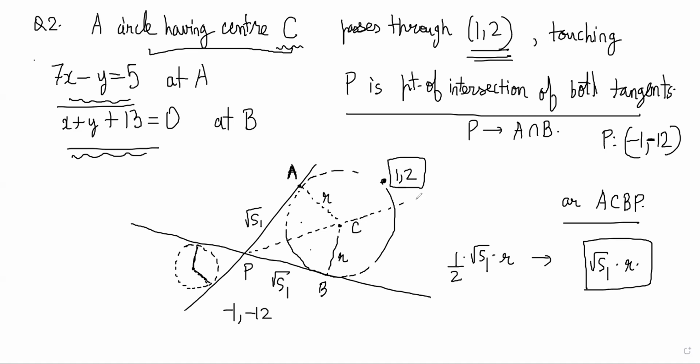But after that, I wasn't able to get how to solve it. I did that and I got an equation for the center, but after that, I wasn't able to find the radius.